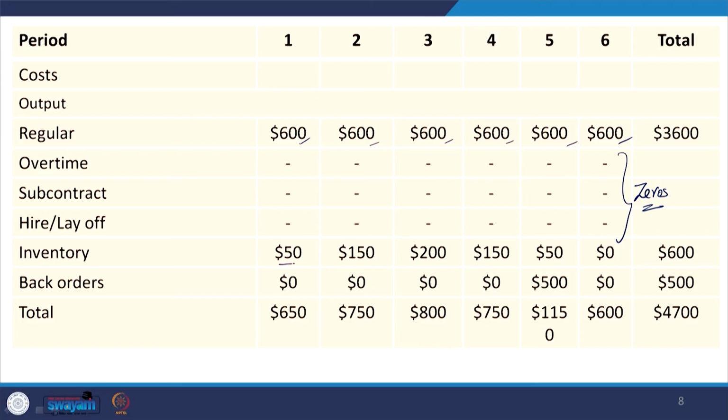So, this is 50, 150, 200, 150, 50 and 0. So, that is my inventory holding cost. So, you can write that inventory holding cost. This is the cost of regular time production cost. And then this is the back order cost or penalty.